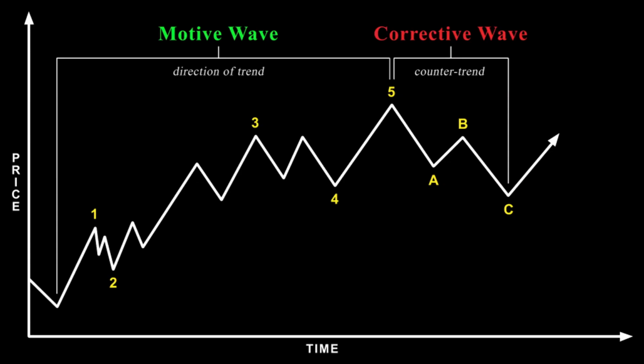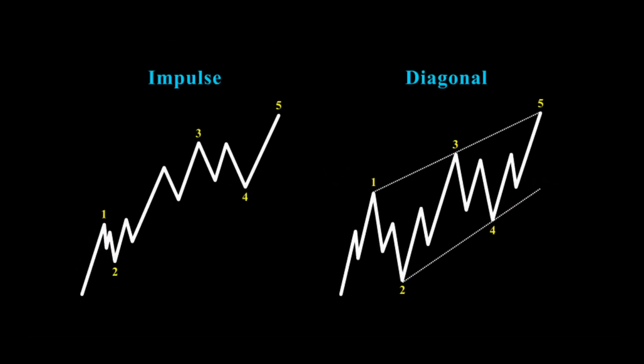And sometimes those can be to the upside and sometimes to the downside. But that's the main crux of what Elliott Wave is: looking for those fractal patterns that consist of 5 waves and 3-wave moves. And then we further delineate those into impulses and diagonals.